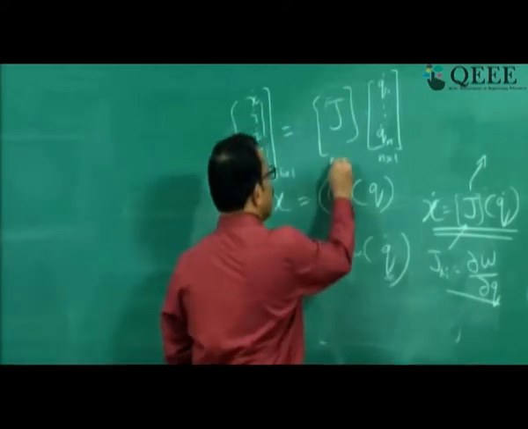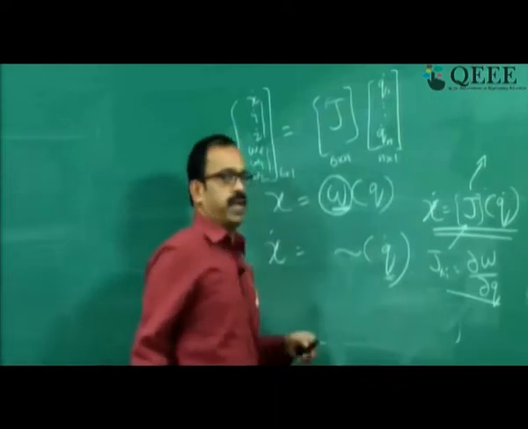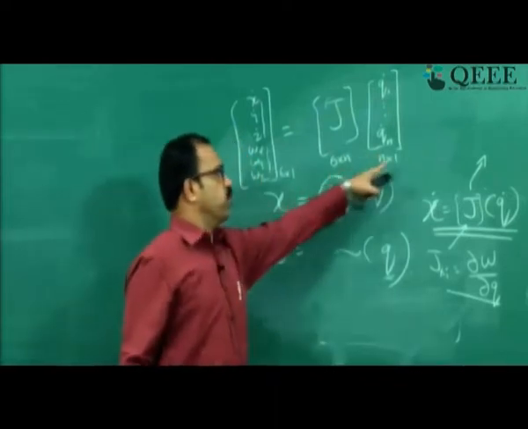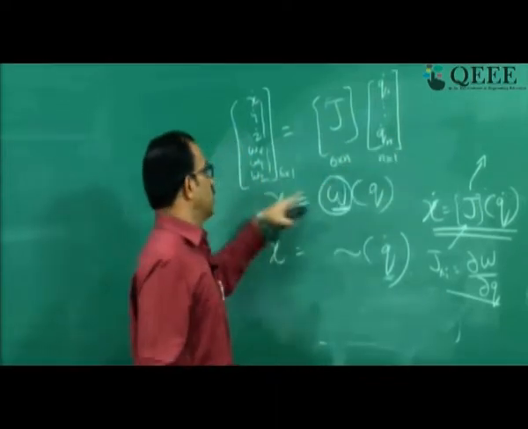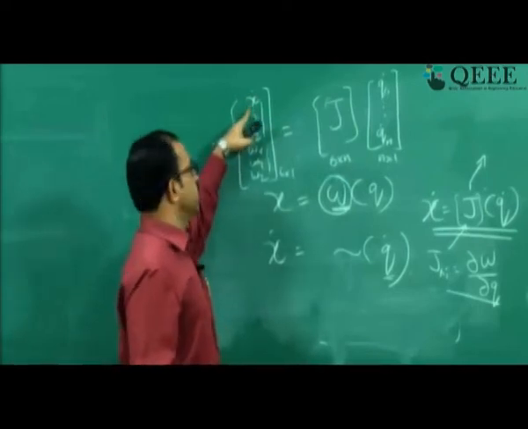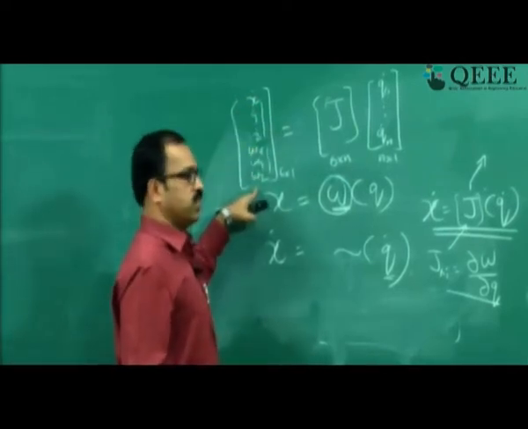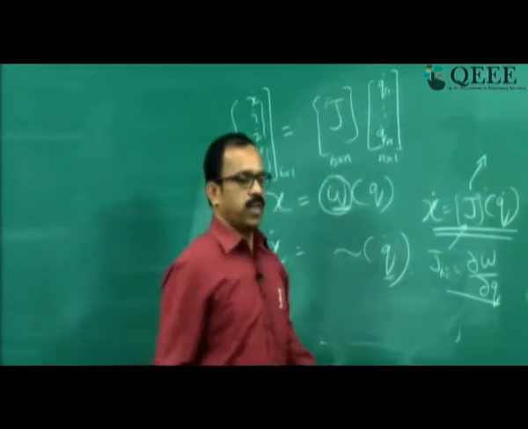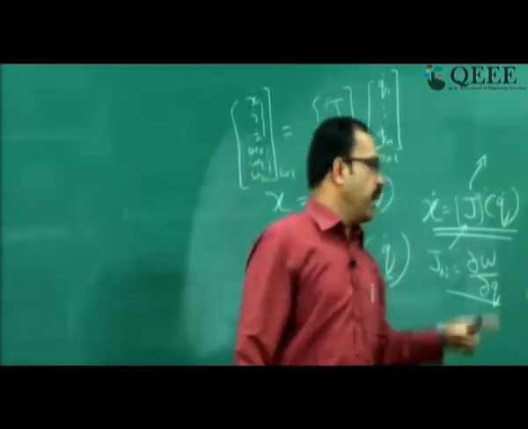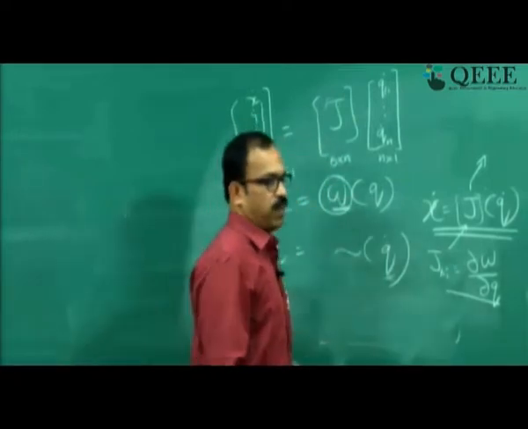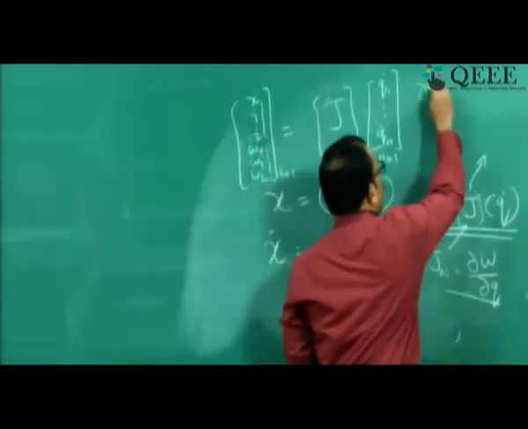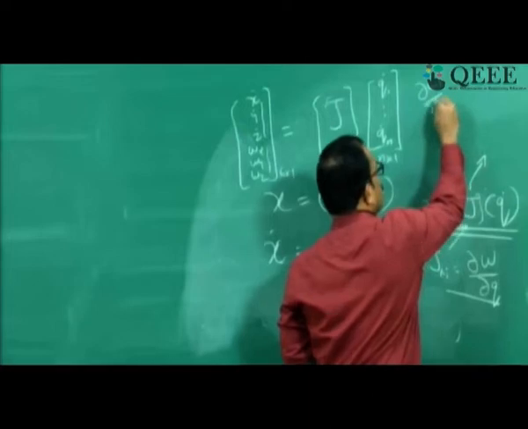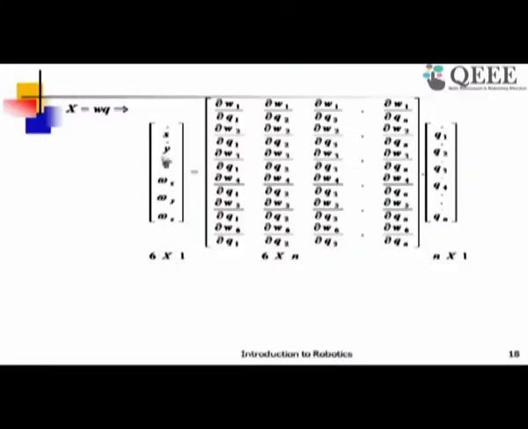So this is going to be a 6 by n matrix, because n is the number of joints and there are 6 velocities, 3 linear velocity and 3 angular velocity. It is a 6 by n matrix J and an n by 1 vector of joint velocities. And the elements of J are given as the partial derivative of omega 1 over q1, omega 1 over q2, omega 2 over q1 etc., as given in the table.